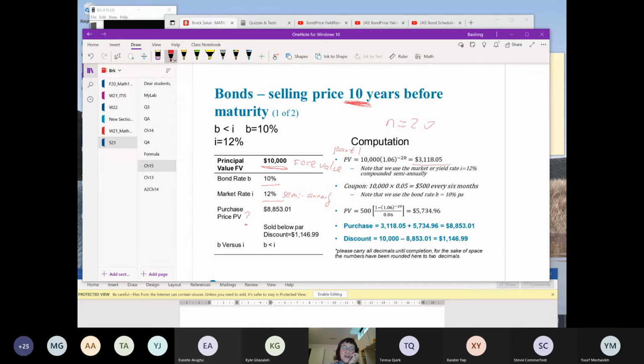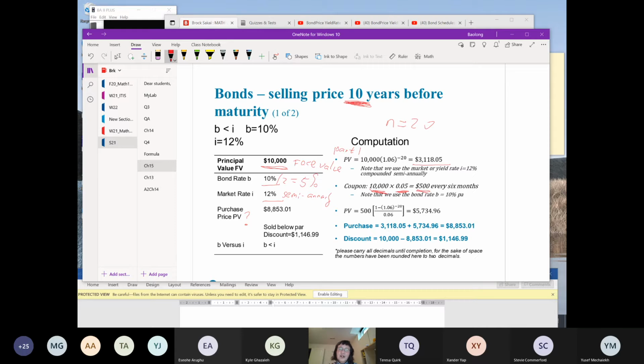So you also have to use this 10% divided by 2. It is 5% every 6 months. Every 6 months, you'll get 5% as interest. 5% of what? 5% of the face value. The face value is 10,000, and 5% of the face value is 500. So every 6 months, you are going to get 500.